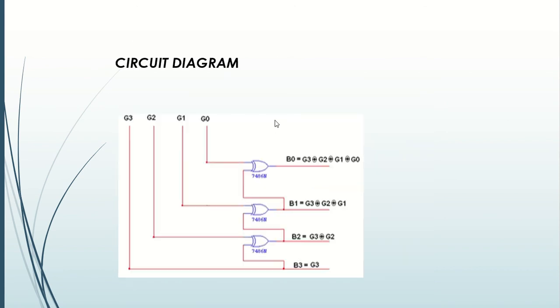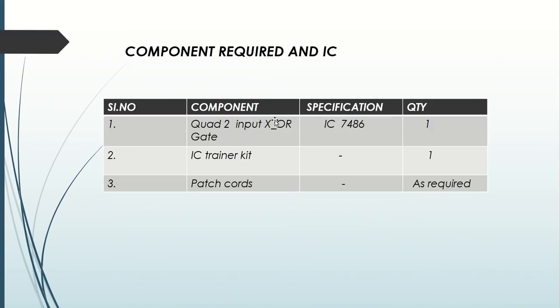The circuit diagram for gray to binary code conversion is here. Using this circuit diagram, we can see the demo. Components required are 2-input XOR gate ICs, an IC trainer kit, and patch cords, all in a quantity of 1.